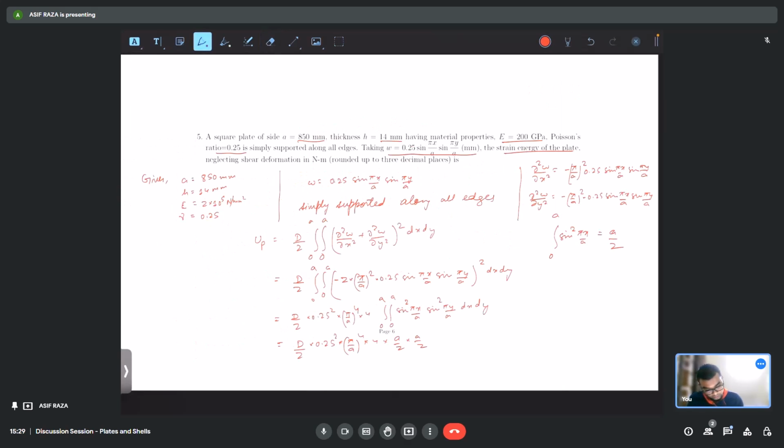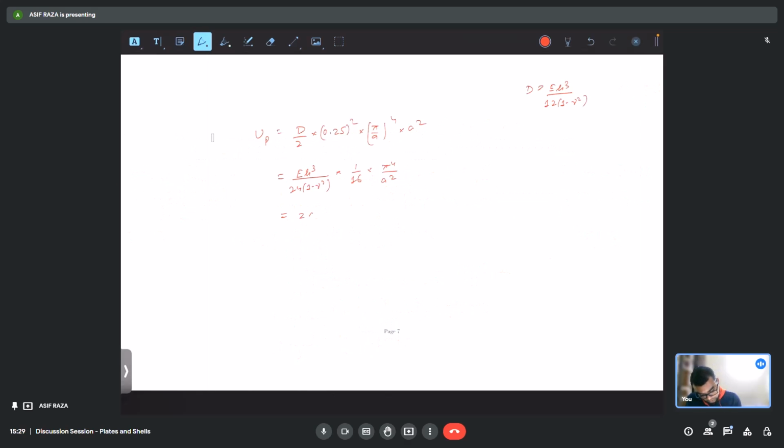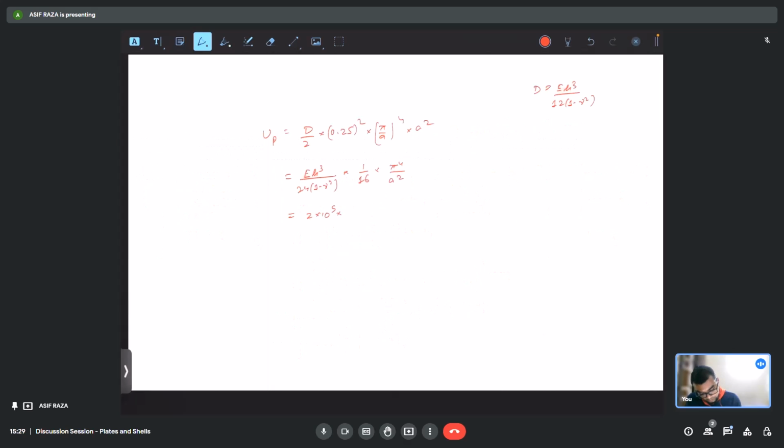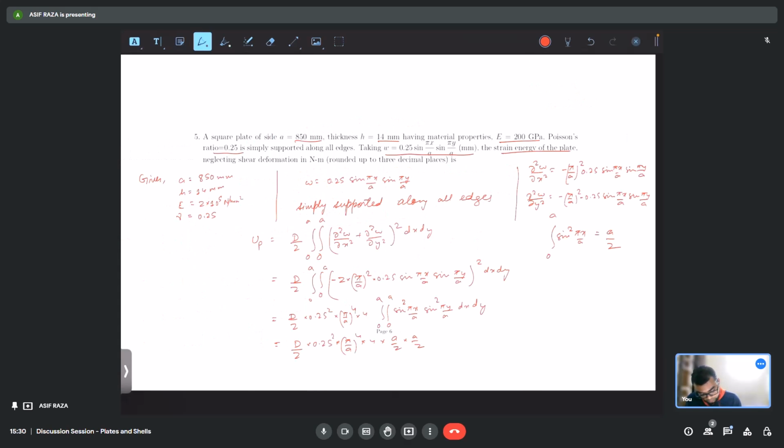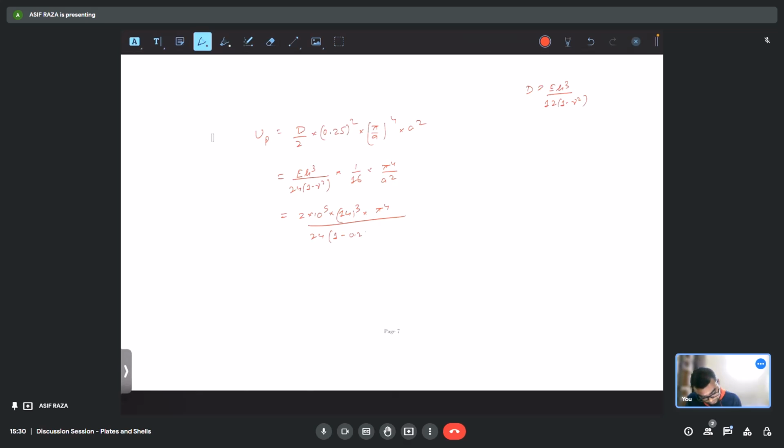Substitute the values. So this is 2 into 10 to the power 5. h is 14. h cube, pi to the 4, 24, 1 minus mu, A 0.25 square, 16. This is 850.